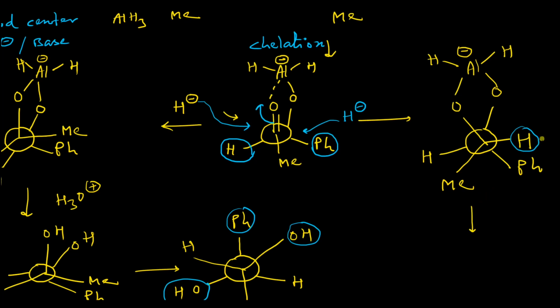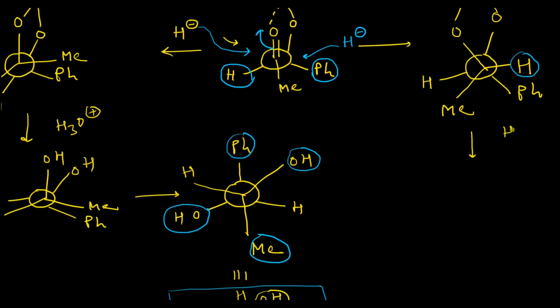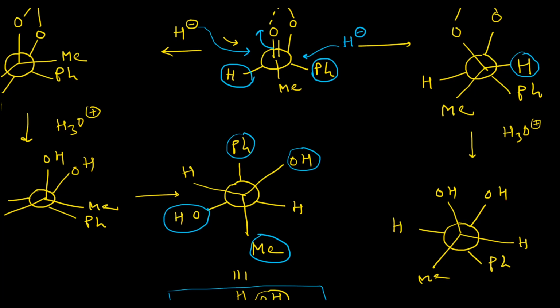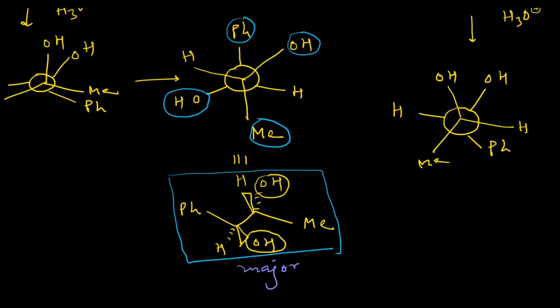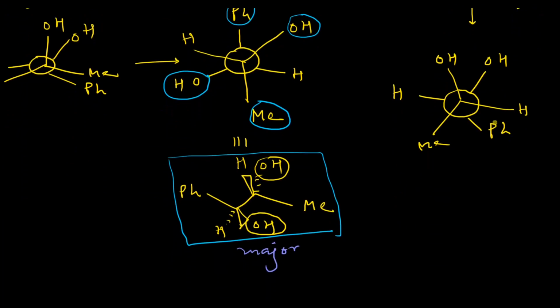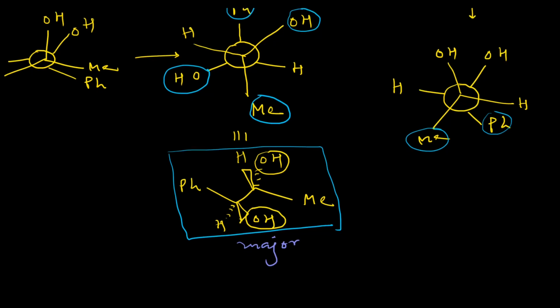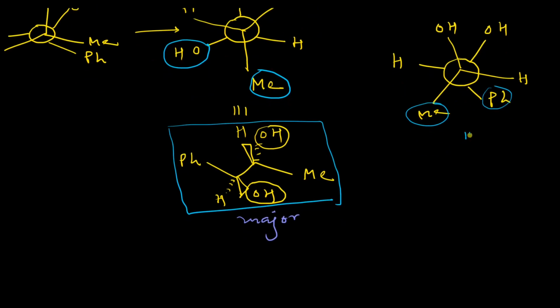So after this step, if we perform the aqueous workup, we will get the corresponding alcohol. So here we have to also again put this phenyl and this methyl group on the plane, and that's why we have to rotate via the carbon-carbon single bond. So after the rotation, we will get this particular conformation.